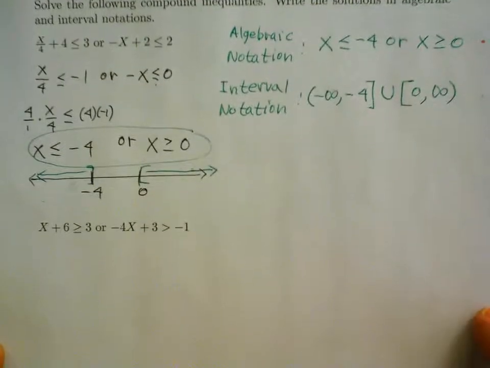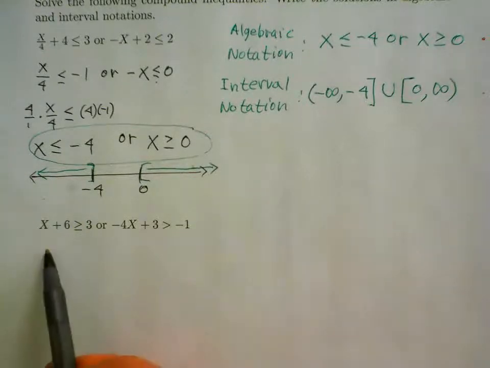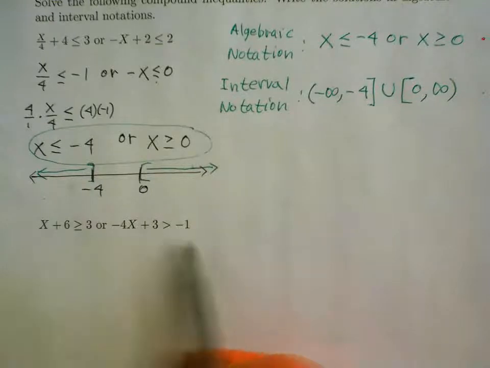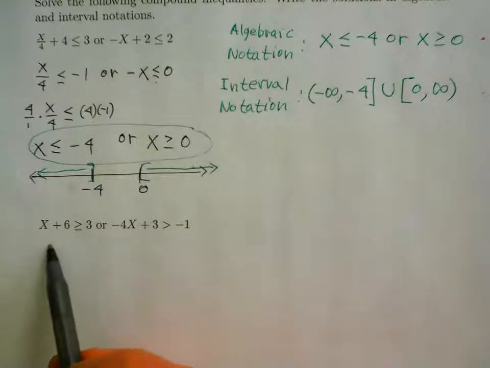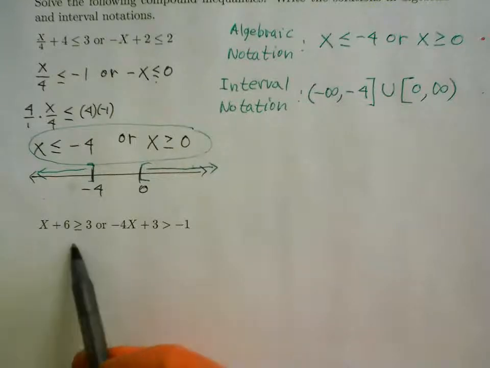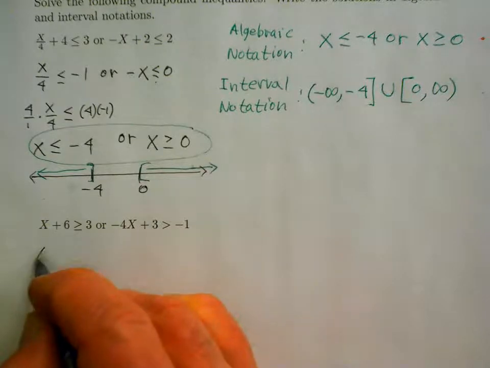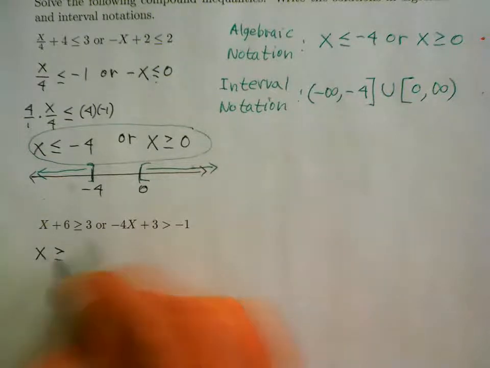x plus 6 is greater than or equal to 3, or negative 4x plus 3 is greater than negative 1. So first we solve each of the two inequalities for x. On the left-hand side, if x plus 6 is greater than or equal to 3, subtract 6 from both sides, and we get x is greater than or equal to negative 3.